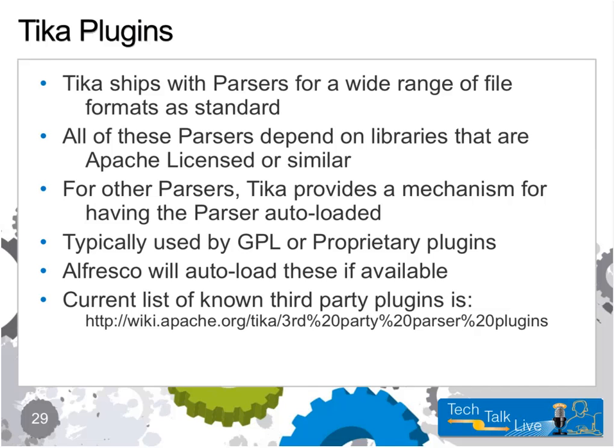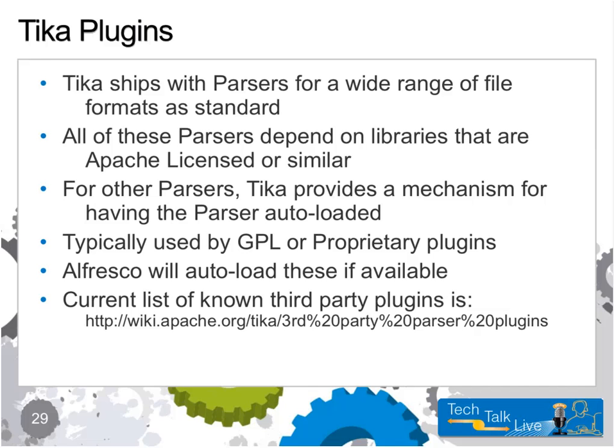If you were to go and write or download a Tika plugin that was GPL'd, you can just drop that on the class path and Alfresco will detect it and use it. There's a list of third-party plugins on the Tika wiki. Currently there aren't that many of them because we've been quite good of late at converting plugins that were available only under the GPL and coming up with an Apache licensed one so it can work out of the box.